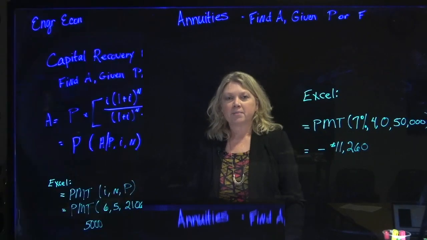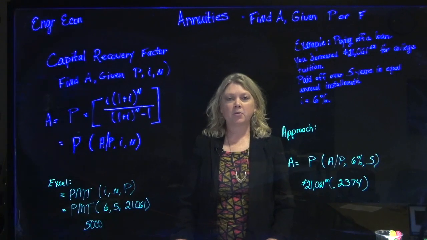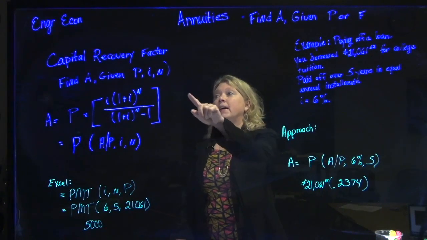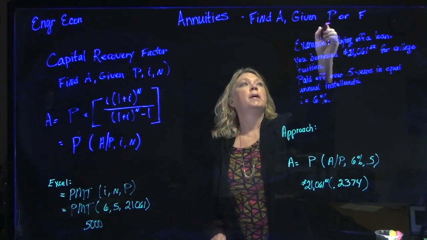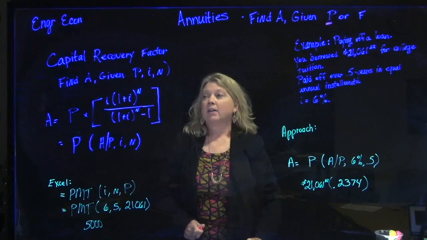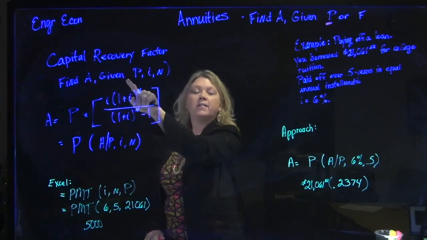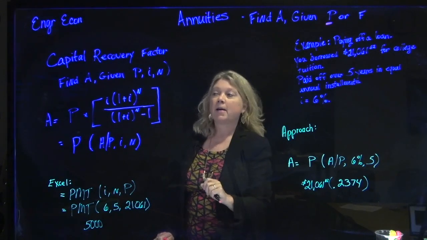All right, the other kind of annuity payment stream that we'll be calculating today is find A given P. So now we're going to be finding the amount of the annuity, but given the present value. So it's called a capital recovery factor. That's find A, annuity, given present value, an interest rate, and a time frame.